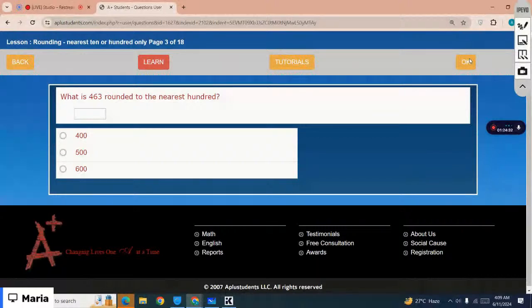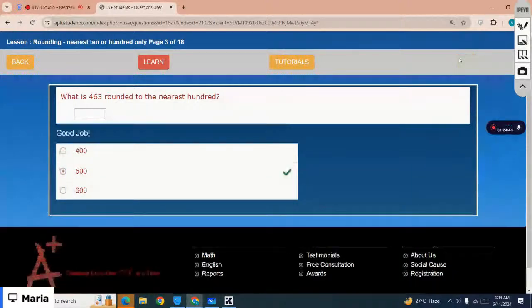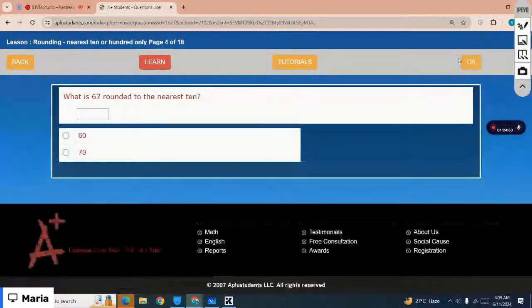463 is rounded off to 500. The correct option is 500. What is 67 rounded to the nearest 10?